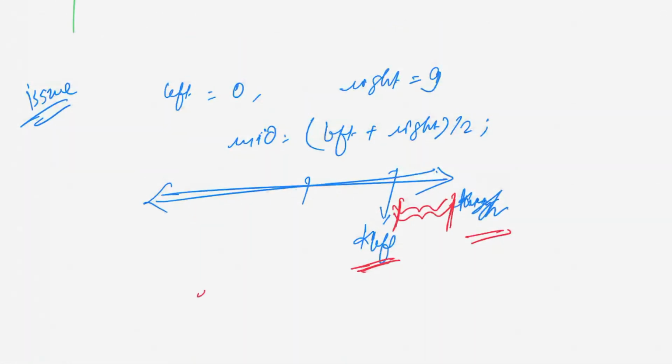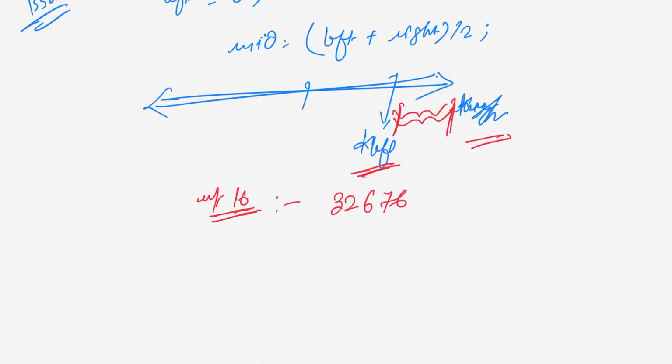So at that time your left is very close to the variable's limit, and suppose you have taken a 16-bit integer. What is the maximum value we can store inside the 2-byte integer? It's 32,767. So for example, suppose your left is 32,600 and your right is 32,675.